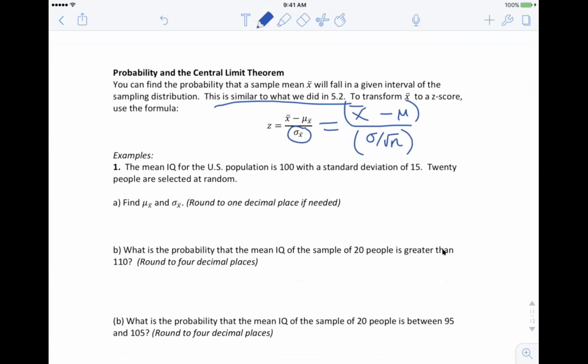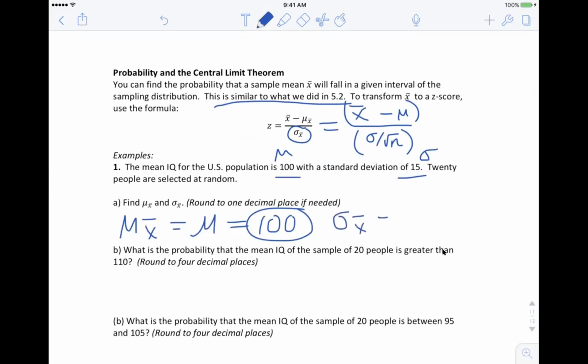Let's say that the mean IQ for a population is 100 and standard deviation is 15. Find mu sub x bar. Well, we know mu sub x bar is the same as mu, so it's 100, because that is mu, that's sigma right there. Sigma sub x bar is going to take a little more work because that's sigma divided by the square root of n.